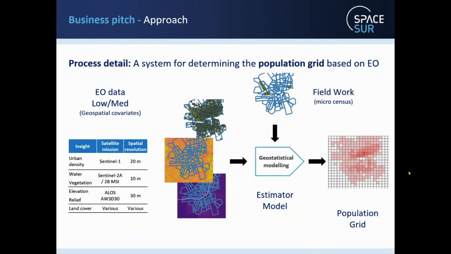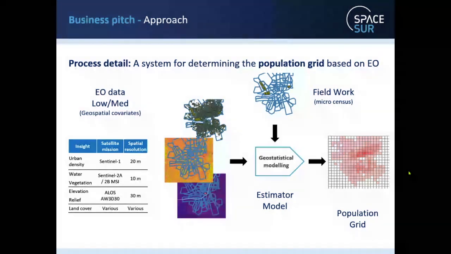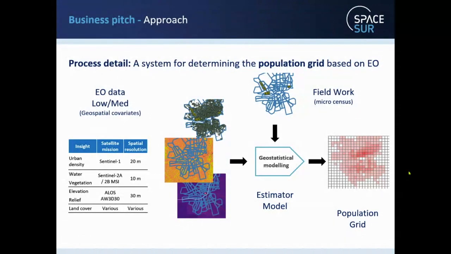The challenge lies in determining the geospatial coverage that correlates to the population variables. This is achieved through the training of a statistical prediction model that uses Earth observation data and in situ microcensus to extrapolate a population grid.